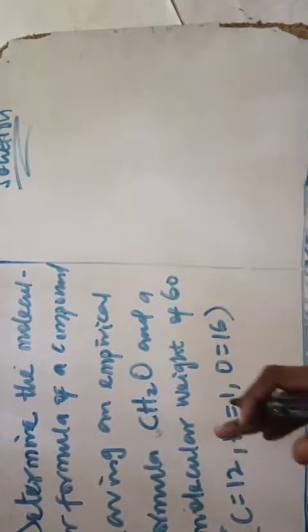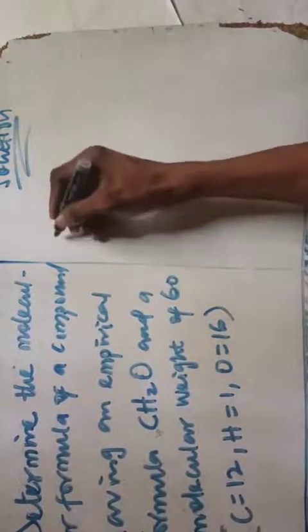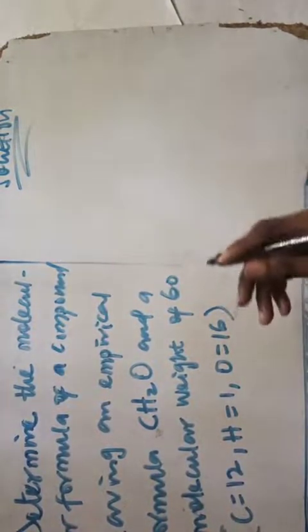Remember, the empirical formula gives the ratio of the different atoms contained in the compound. So the molecular weight you are given is 60, right? To calculate the empirical weight, you can call it the molar mass.